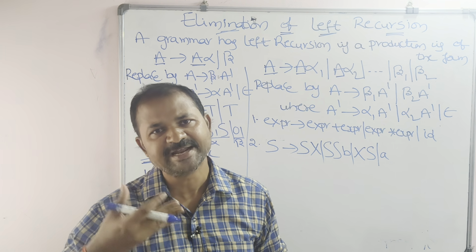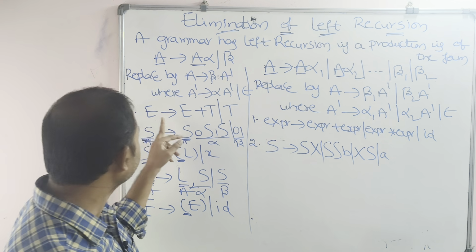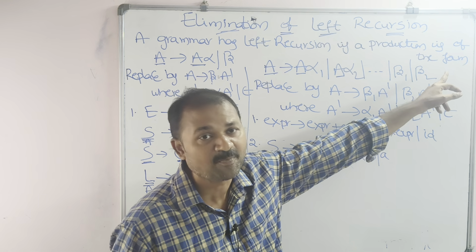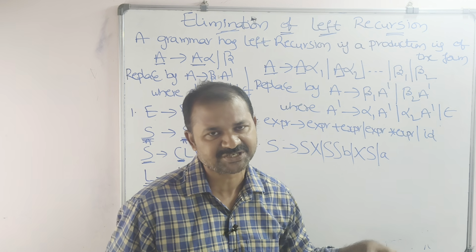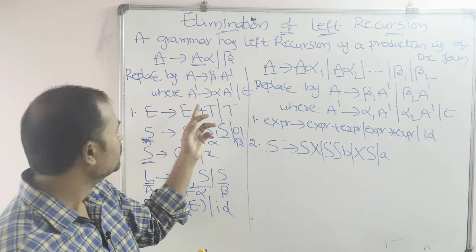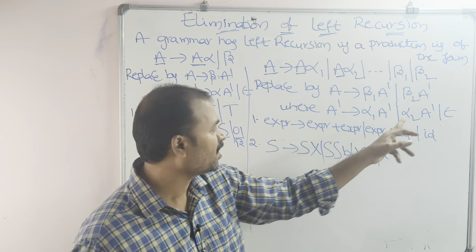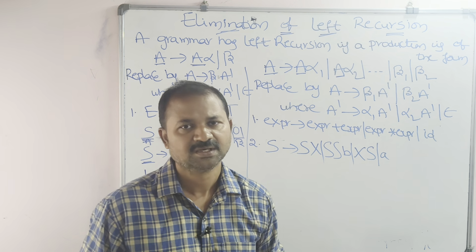In order to eliminate the left recursion, replace this production by A produces β1A' | β2A', where previously A produces βA'. And A' implies α1A' | α2A' | epsilon, where previously it was αA' or epsilon, but here we have multiple alphas.